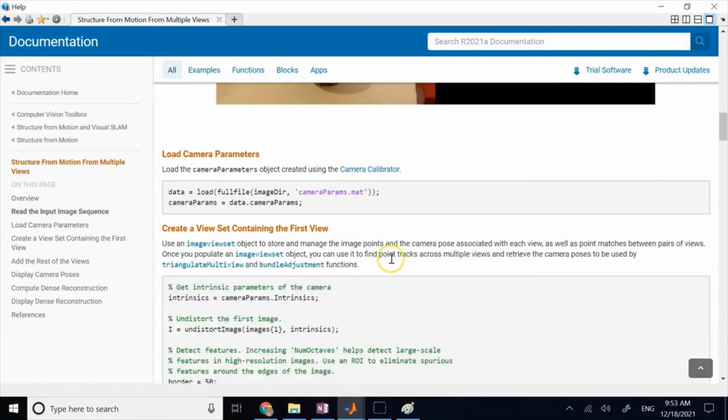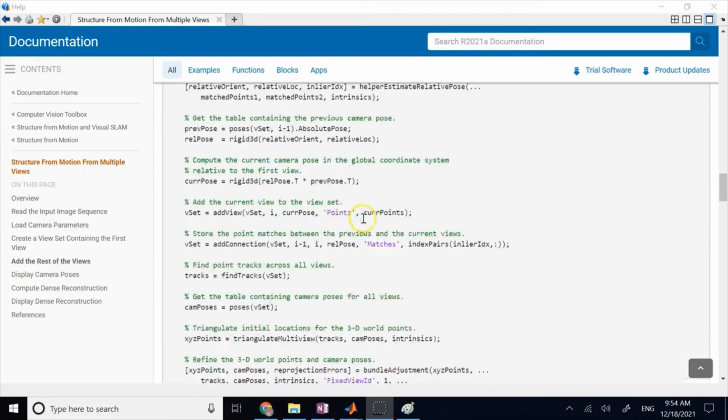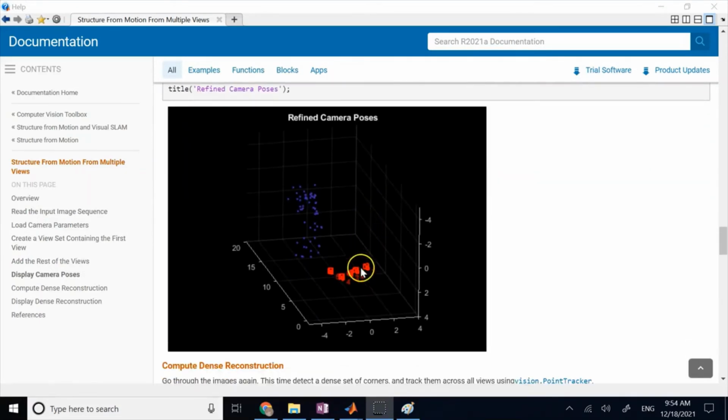And what you can do is, if you import the intrinsic and extrinsic parameters of the camera, then you can estimate where were those 5 different position orientations of the camera with respect to the object.